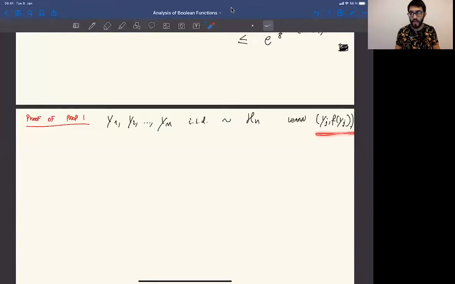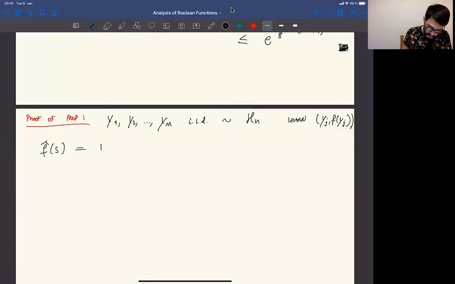So I go ahead and compute this value, then I flip the dice again, and I get another guy. This will give me another vector. This will be a y2, and then go ahead and measure that again. And so I know that f hat of s is the expectation of x to the s fx, if x is uniformly distributed in the Hamming cube.